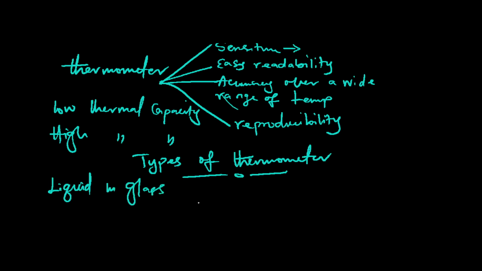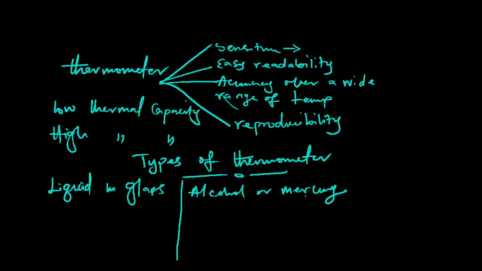When you say liquid in glass thermometer, the thermometric substance inside it can be either alcohol or mercury. If you are using alcohol as the thermometric substance, you call it alcohol in glass thermometer.